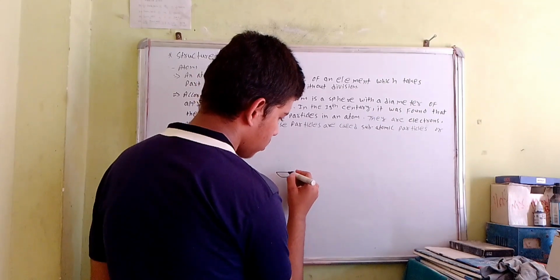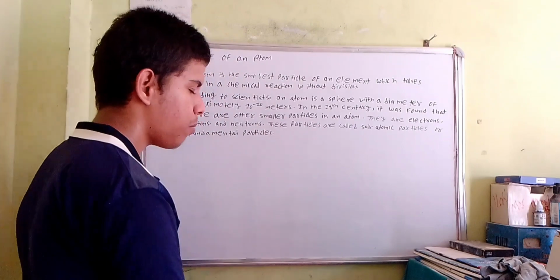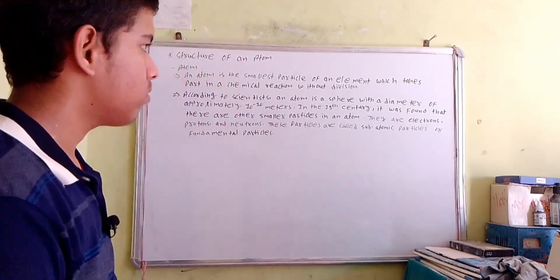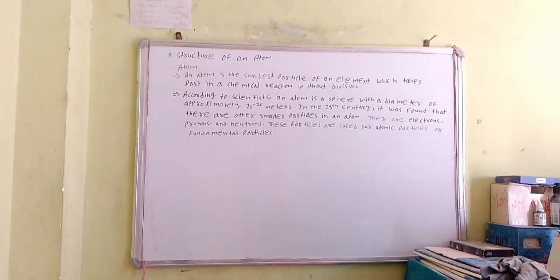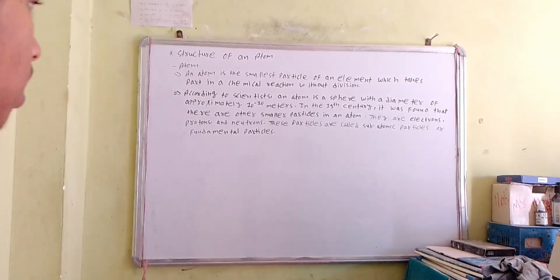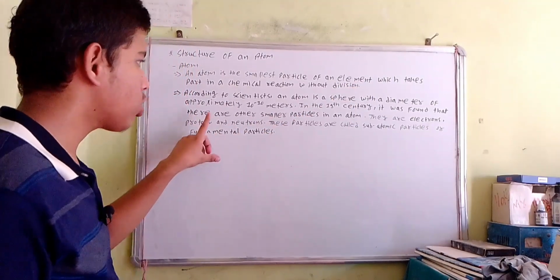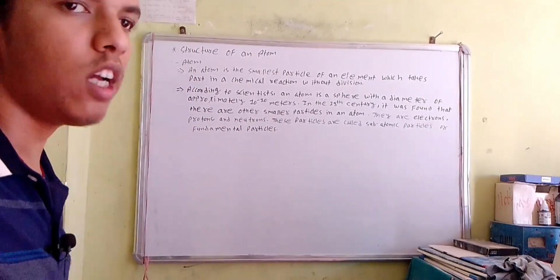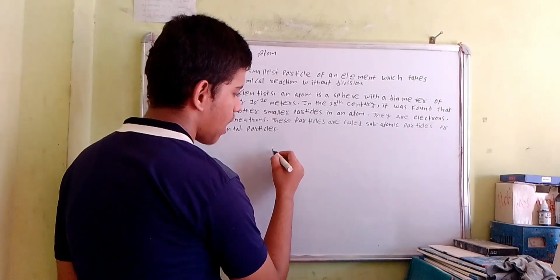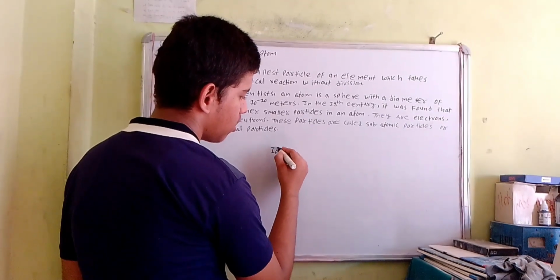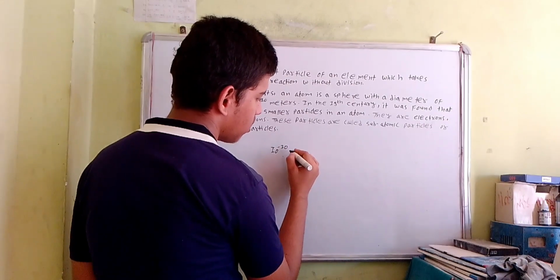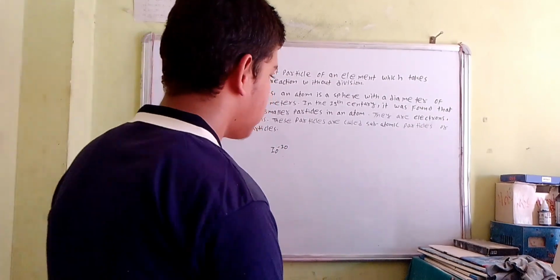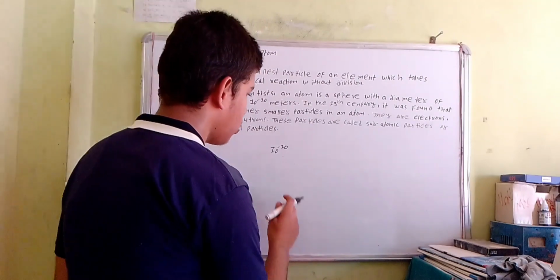Let's imagine that an atom is like a sphere, and its diameter is approximately 10 to the power minus 10 meters.